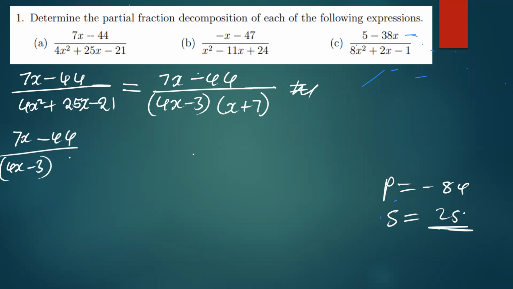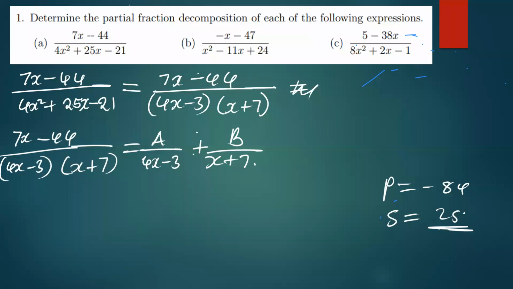So we have two linear factors here. And remember what I said, if you have two or more linear factors, you associate the first factor with A. So you say A over 4x minus 3, and then plus B over x plus 7.